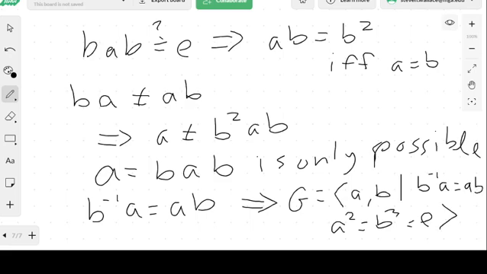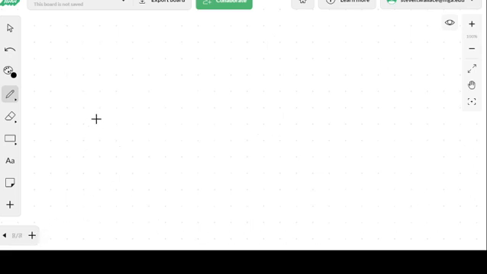And if you look at what that is, if you wrote out the Cayley table, that is exactly the dihedral group.